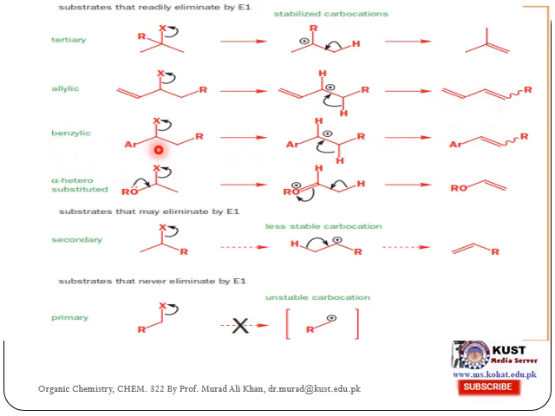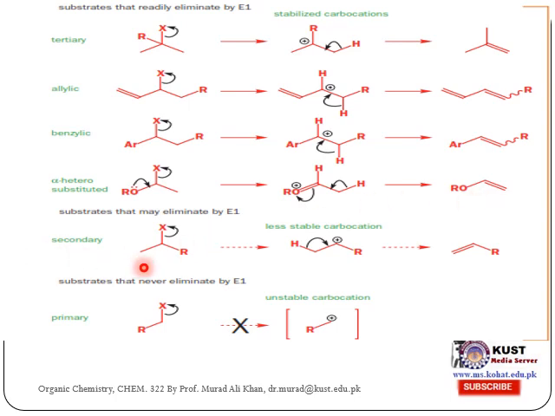Similarly, benzylic halides will produce a benzylic carbocation, and the resultant product will be an E1 product. Alpha heterosubstituted halides, here we have oxygen, and also the result will be an E1 reaction.